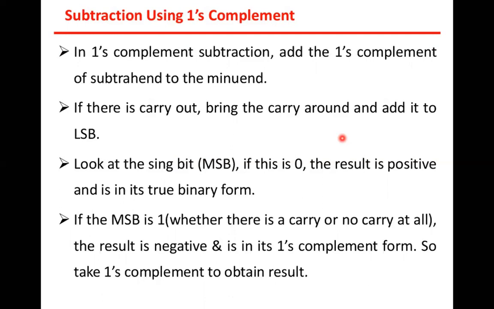Look at the sign bit, the MSB. If this is 0, the result is positive and is in its true binary form. If the MSB is 1, whether there is a carry or no carry at all, the result is negative and is in its ones complement form. So take the ones complement to obtain the result.